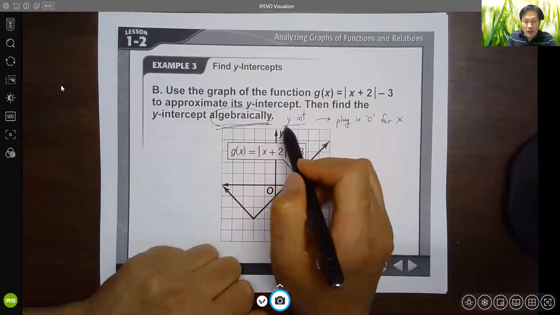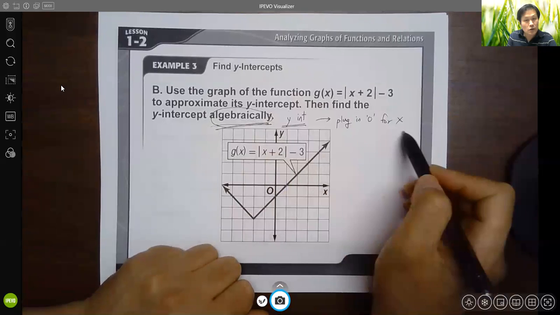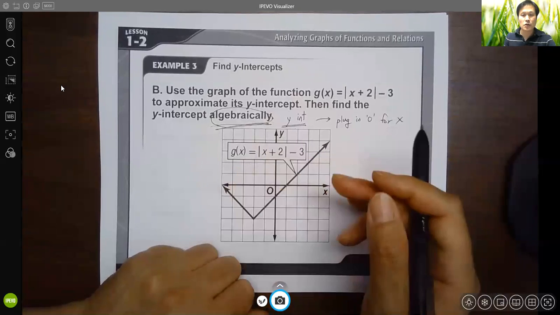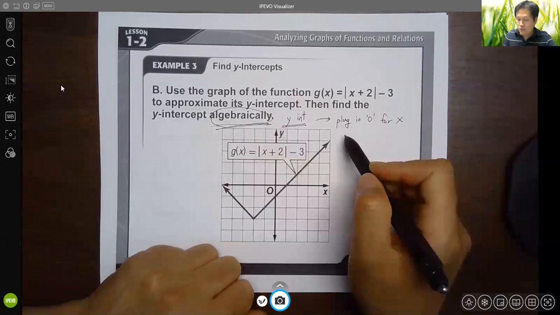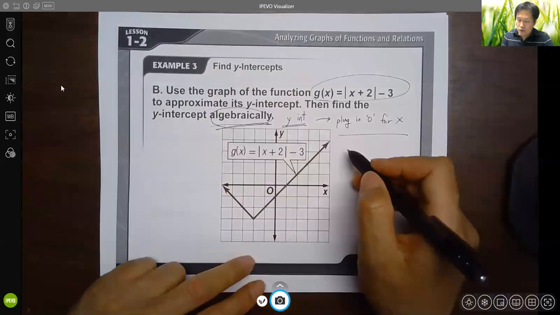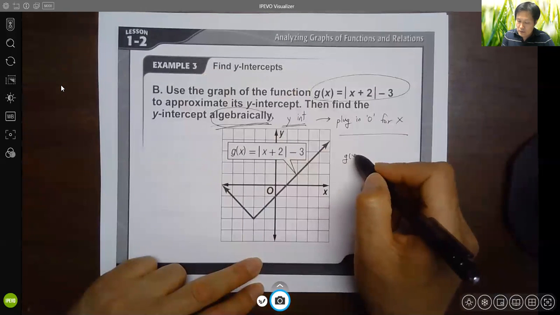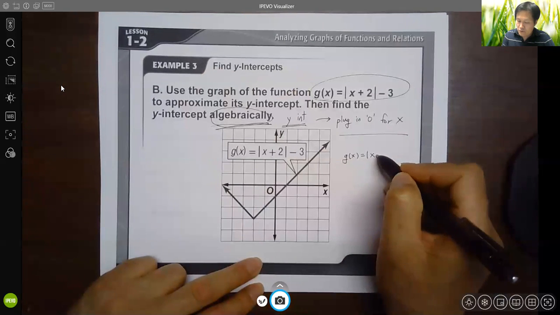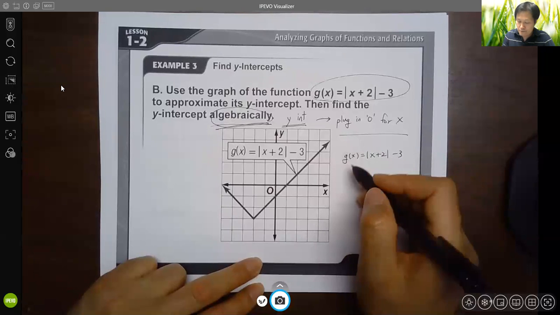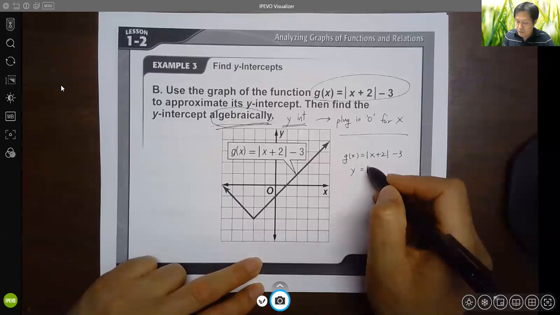You're trying to find the y-intercept, plug in 0 for x. You're trying to find the x-intercept, plug in 0 for y. So plug in 0 for x. If you look at this equation here, g of x equals the absolute value of x plus 2, minus 3. g of x is the same as y.